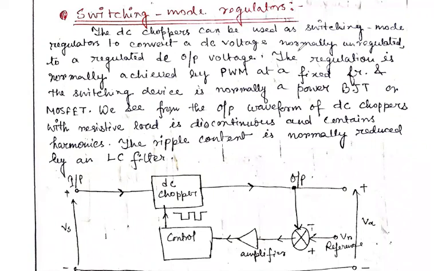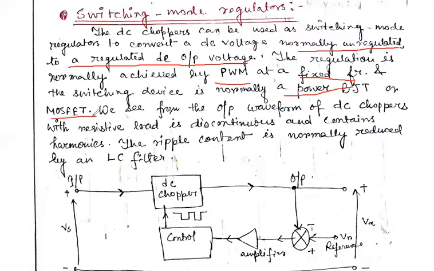The regulation is normally achieved by the PWM, pulse width modulation technique, which we discussed before, at a fixed frequency. The switching device is normally a power BJT or a MOSFET.